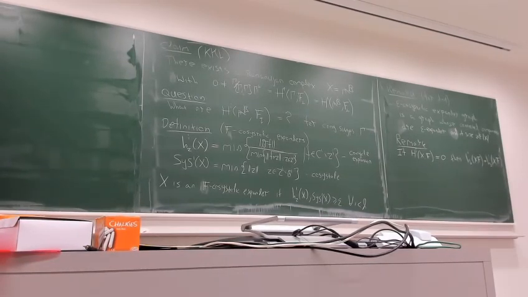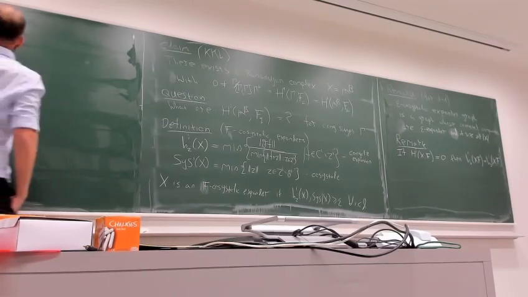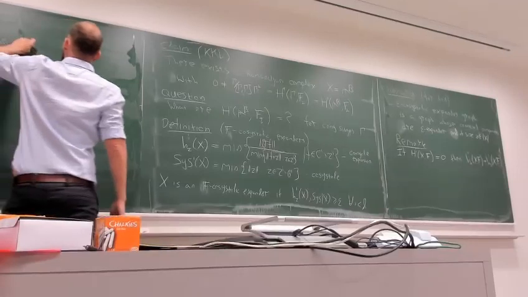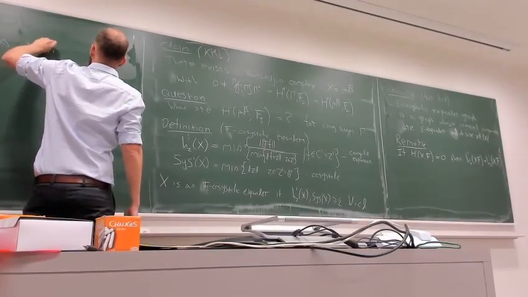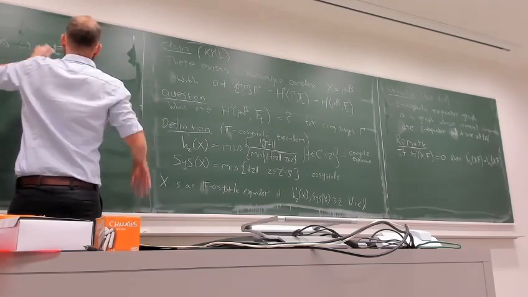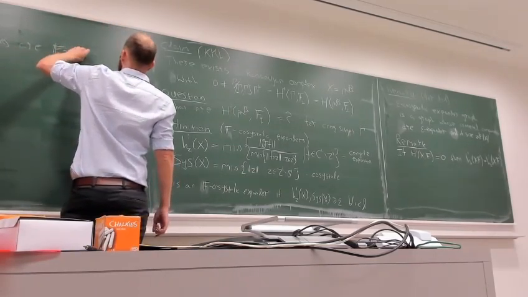Complete complexes are, let's stick to F2, for any finite field, there are F2 coboundary expanders.